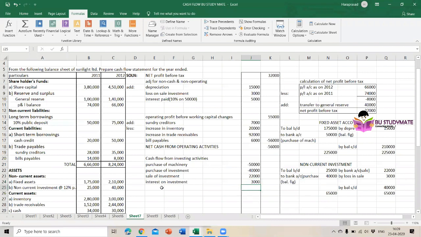Then anything we have? This much only. Net cash from investing activities. Net cash flow.